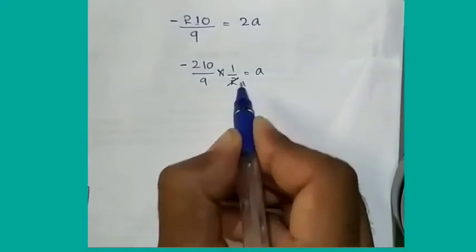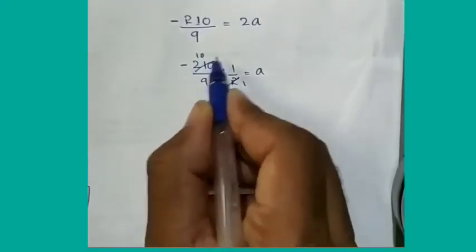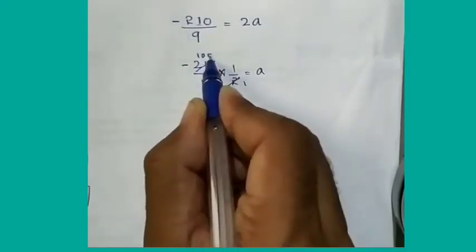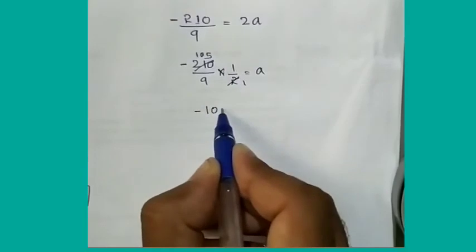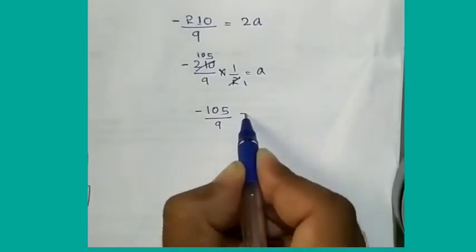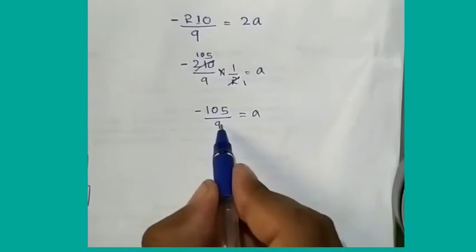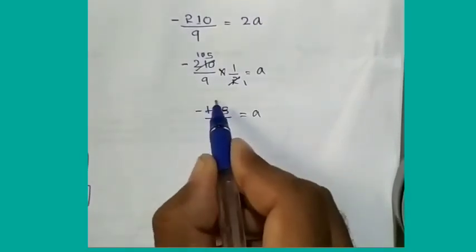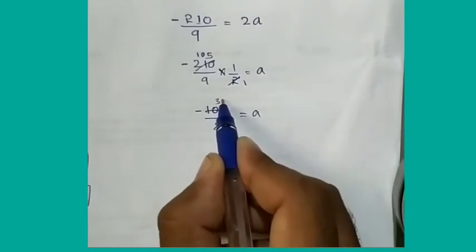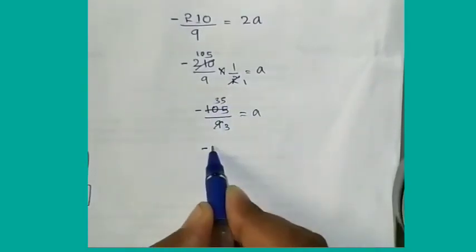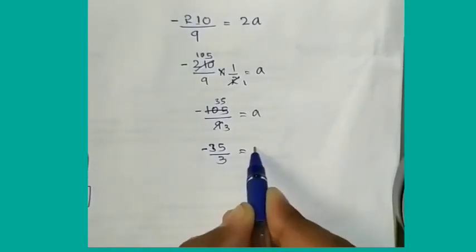Cancel it, 2 ones are 2, 2 fives are 10, so here we got minus 105 divided by 9 equal to a. Both are divisible by 3, so cancel it, 3 threes are 9, and 105 becomes 35, 3 thirty-fives are 105. So minus 35 by 3 equal to a.